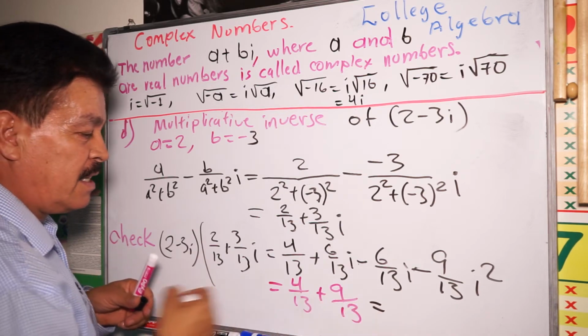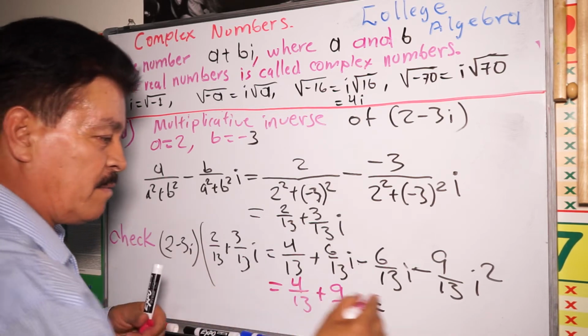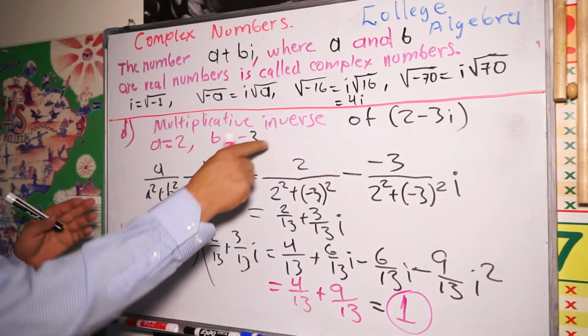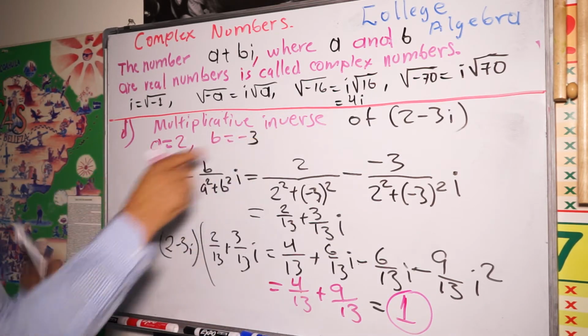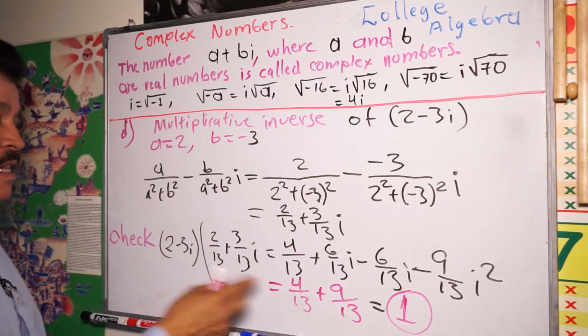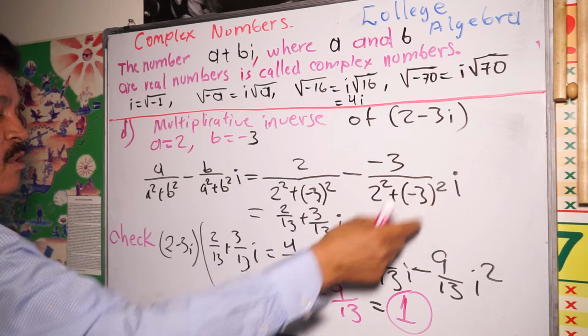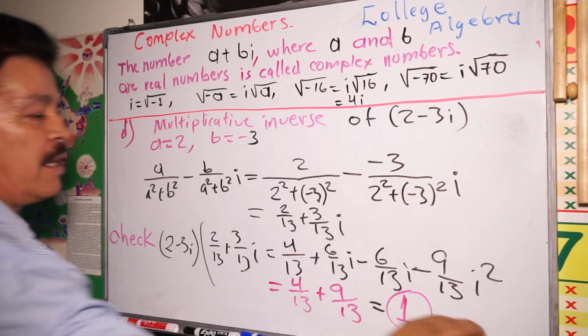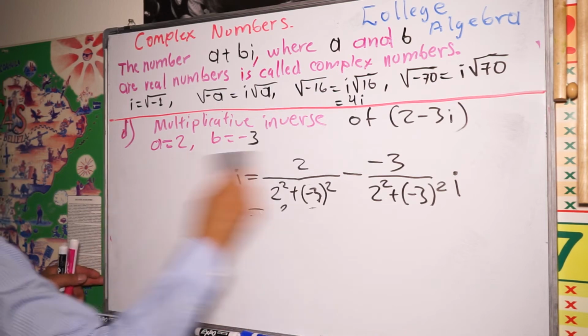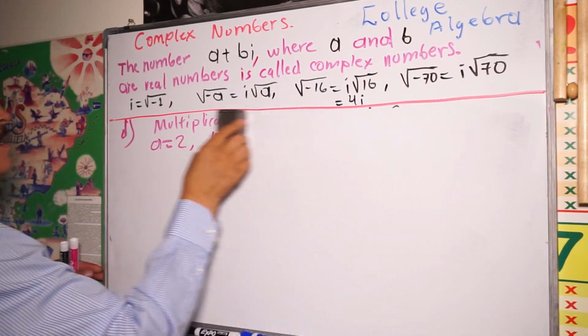Therefore, this is equal to 1. That's the rule: when you multiply by the multiplicative inverse, it equals 1. It's right there. This means that this problem is right. Okay.